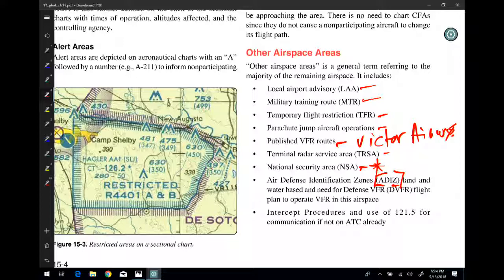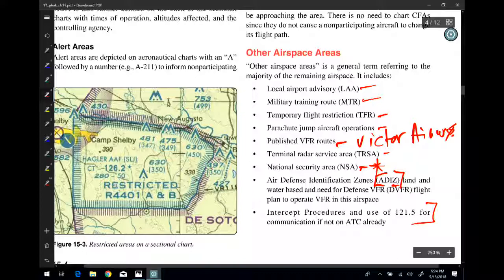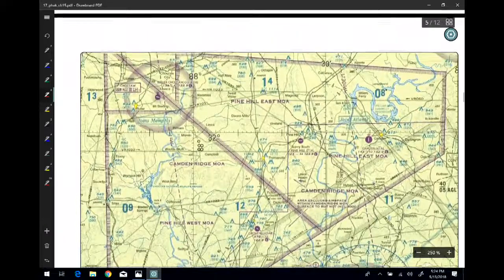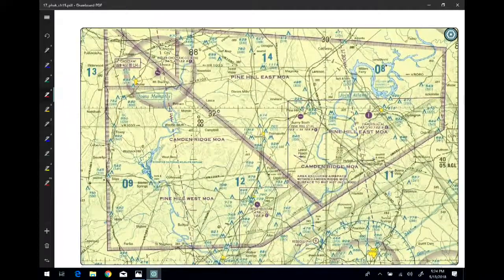And then you also have defense VFR areas. And then there are intercept procedures: if you do find yourself intercepted by a military aircraft, you definitely want to comply with their instructions because in this day and age, these people are not playing.